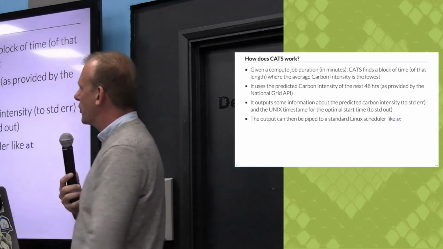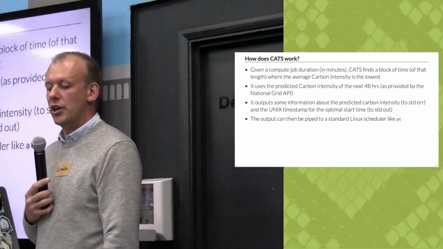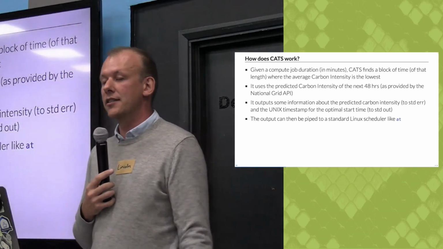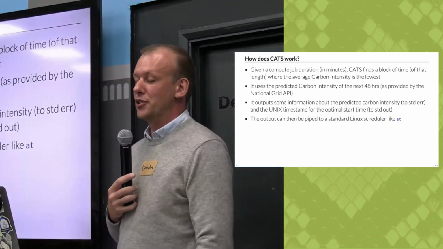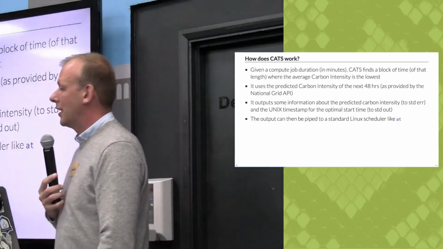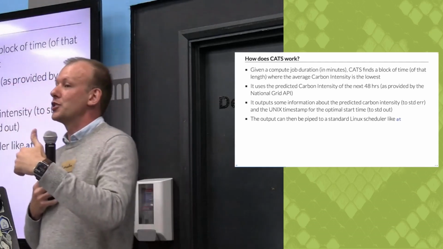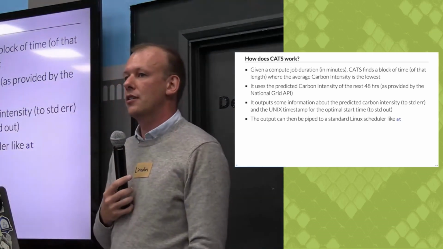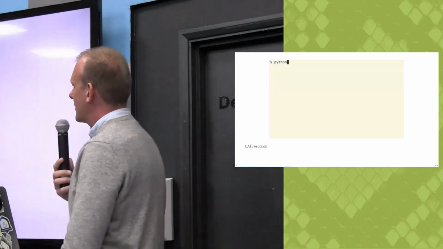It just outputs an optimal start time, which you can then pipe into something else, like a standard Linux scheduler like at. It'll also print out some other information about the carbon intensity of the electricity, the average intensity if you were to start the job now versus the average intensity if you were to start the job at the optimal time.